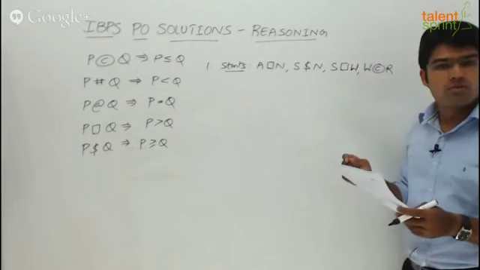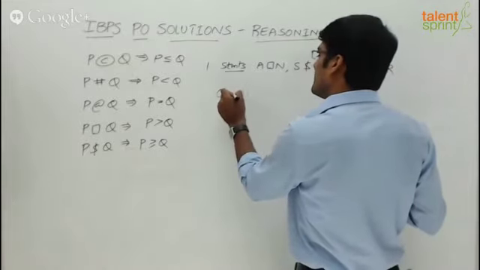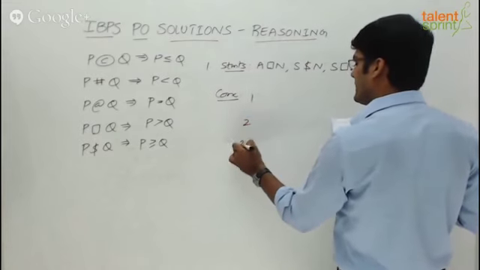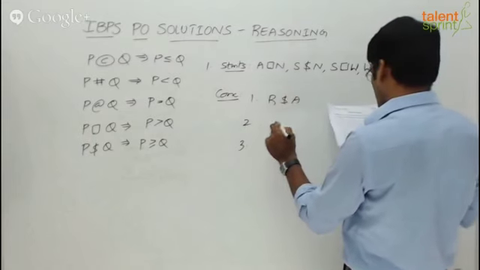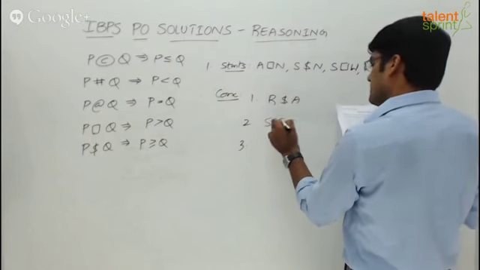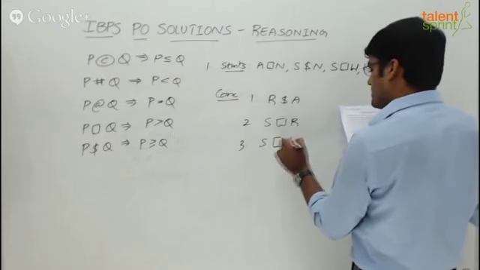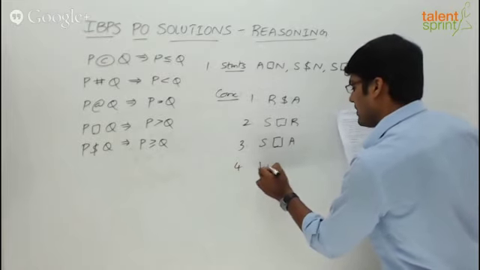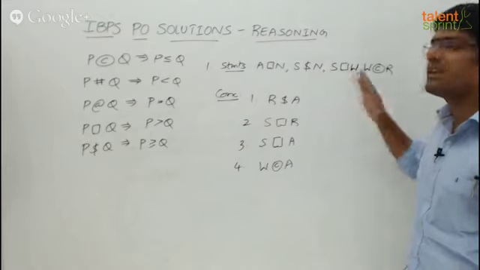Is this covered in the frame? And then let's look at the conclusions. There are 3 conclusions actually, 1, 2 and 3 as follows. R dollar A, S box R, S box A, and I think there is a 4th one which is W copyright A. So what you need to do is find out which of these conclusions follow the given statement, right?